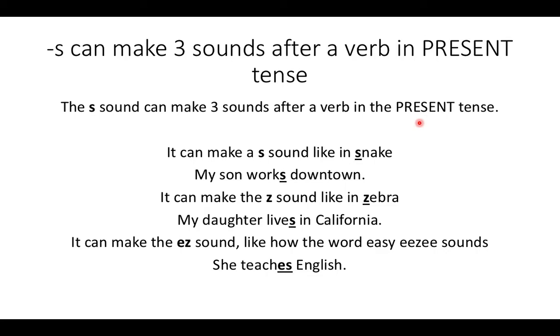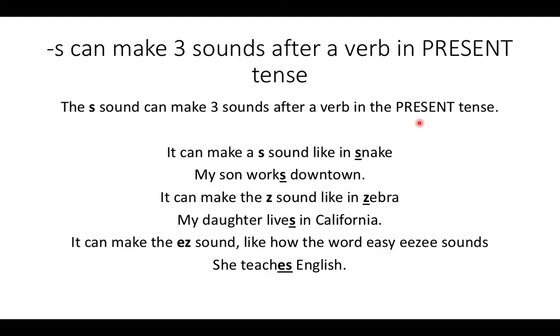When we add the S, if we say he or she, right? Because if we say I walk, that's right. But if we need to say she walks, we have to add an S to the end.